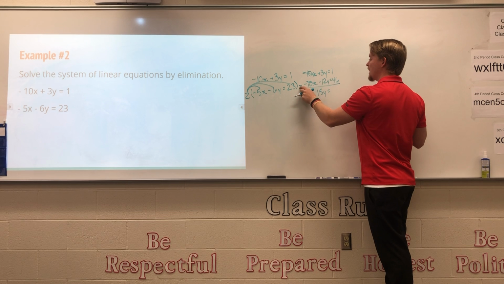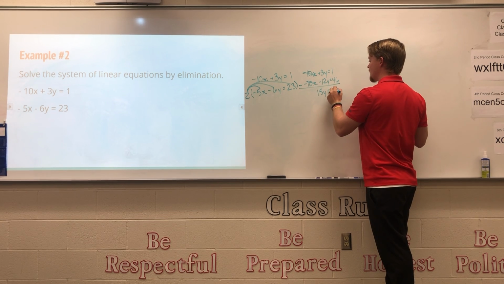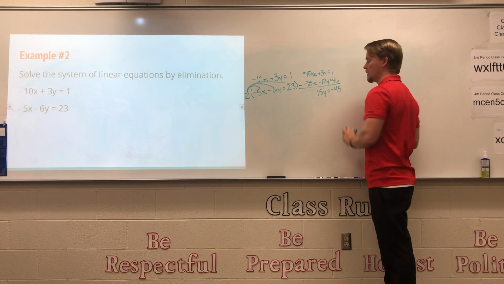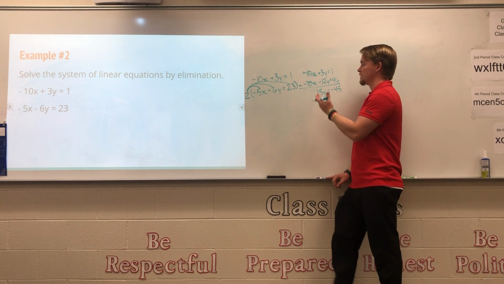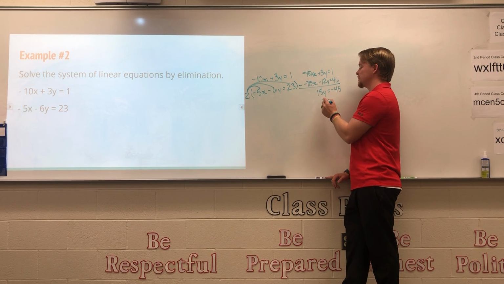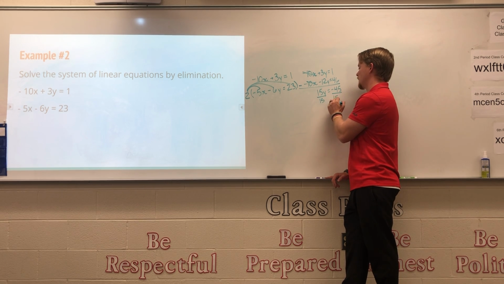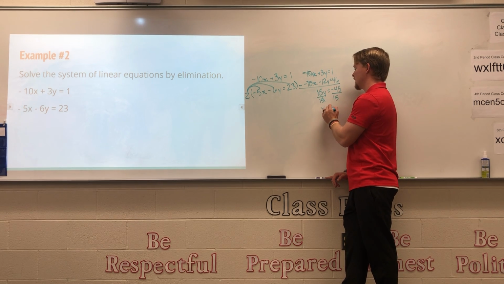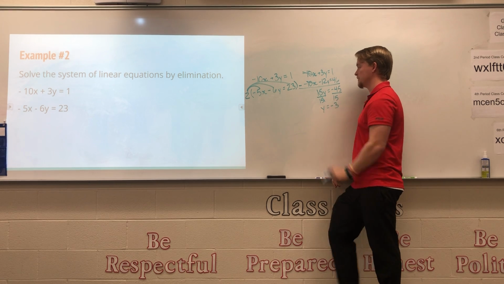And 1 minus 46 is -45. So once those are eliminated, this makes it a very easy problem. We divide both sides by 15. And we get y equals -3.